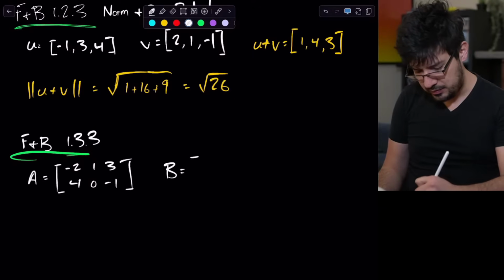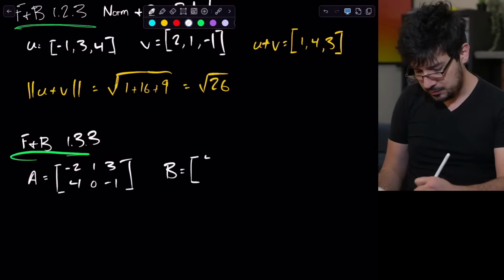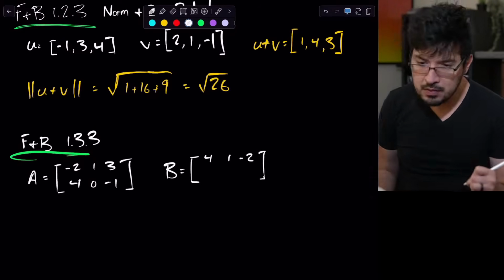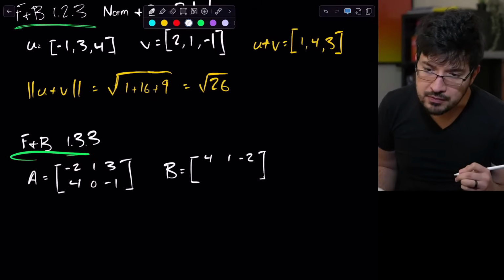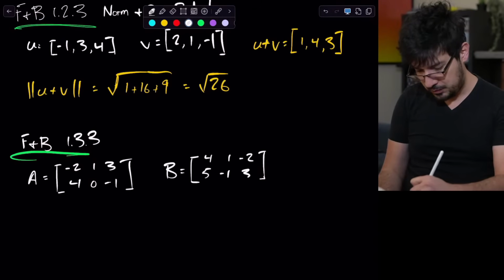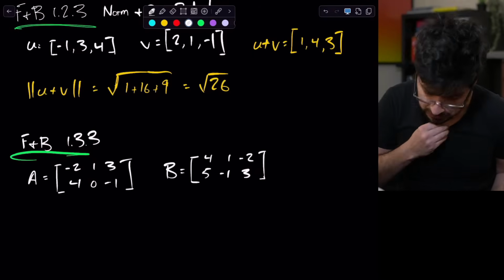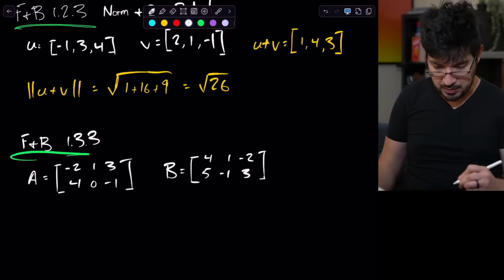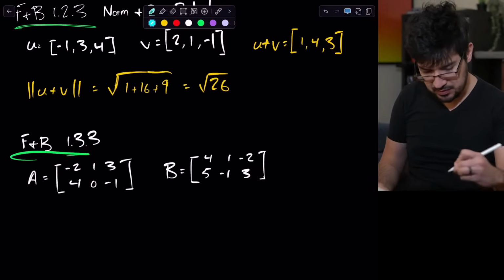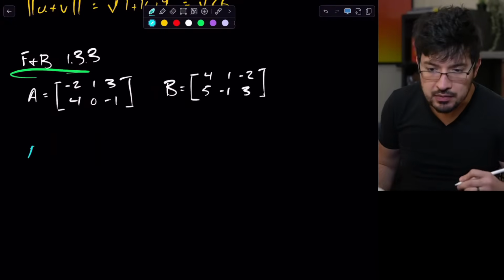B is the matrix 4, 1, -2, and 5, -1, 3. And then there's other matrices C and D, but we don't need them. It's asking us to find, let's use blue, blue looks a little nicer, what is A plus B?